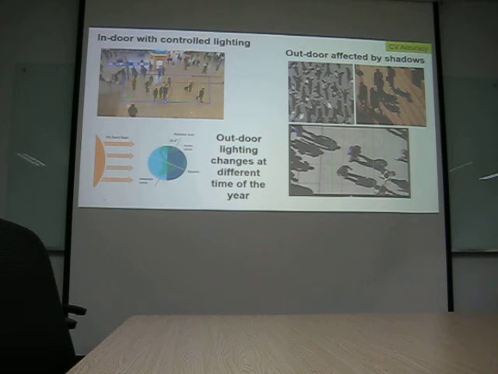But actually, now with deep learning, I think we can overcome some of these issues. Yeah, but not all. Can you guarantee? It's highly dependent on data. Correct. But if that situation has not happened, you have no data to learn from. To do this, I need data for the whole year, correct? So I have to wait one year, and then I have to wait for conditions to be right to collect the data.